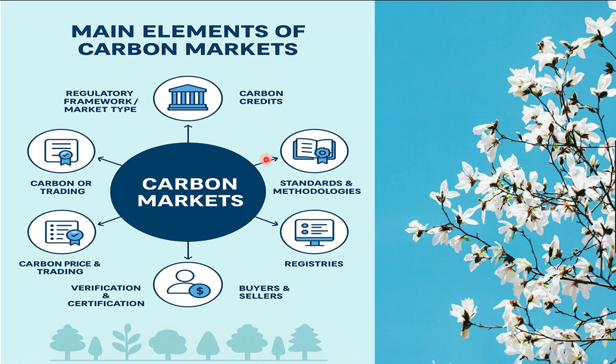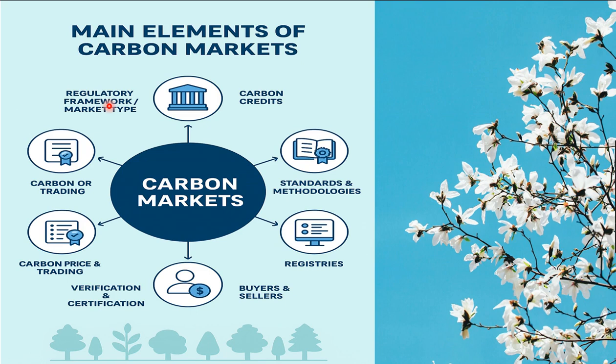Now, if we talk about other elements of the carbon markets, we have regulatory frameworks or the market type, right? Regulatory frameworks are nothing but the regulations and laws made by the governments. In India, we have a law on carbon trading now, CCTS. In the European Union, we have a law called EU ETS.